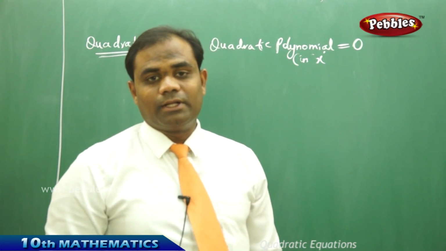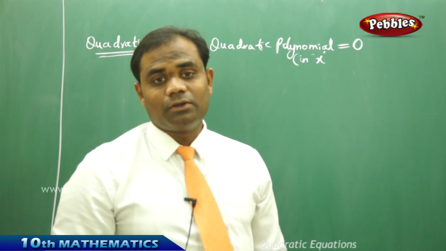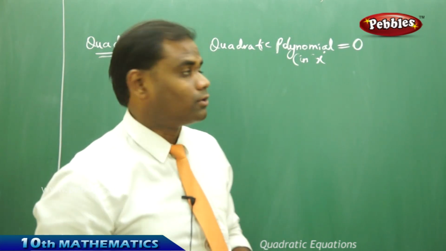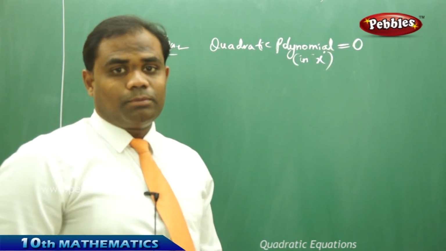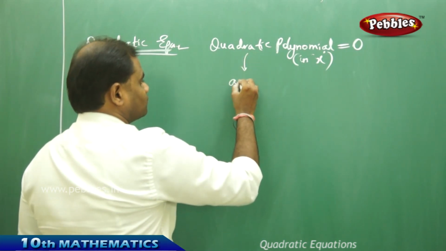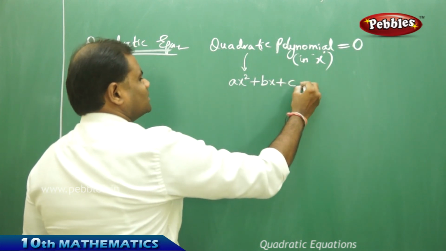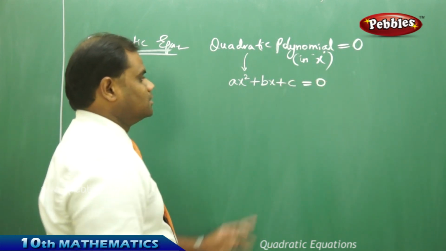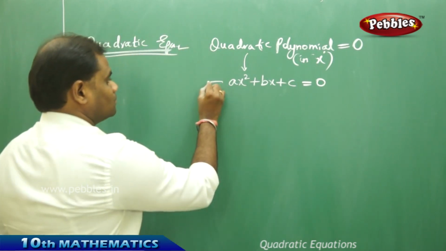A quadratic polynomial was already discussed in the previous sessions, where a polynomial of degree 2 is said to be a quadratic polynomial. Now, if I take the quadratic polynomial in general form, then I assume it as ax squared plus bx plus c equal to 0. This is called a quadratic equation in general form.